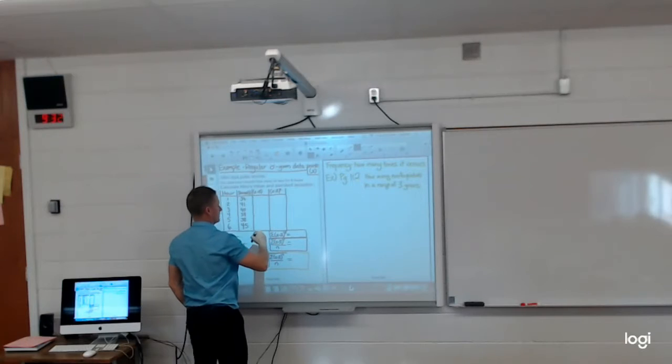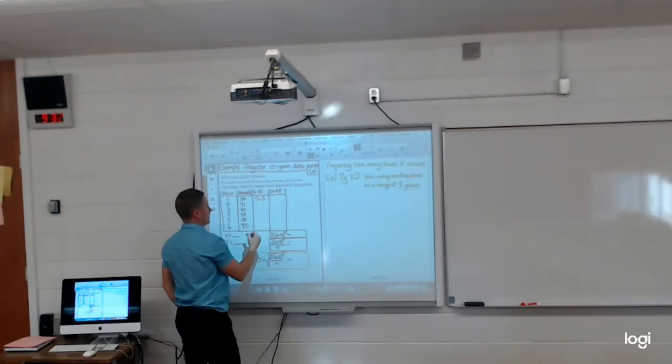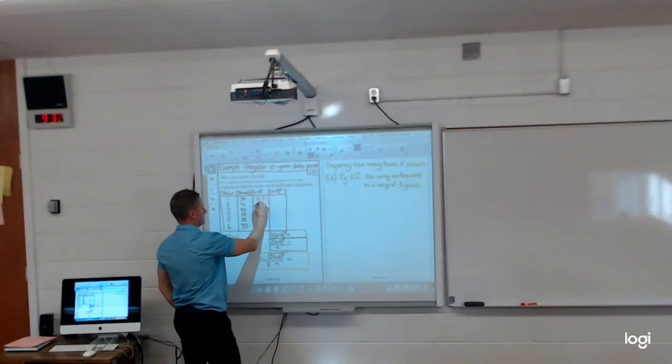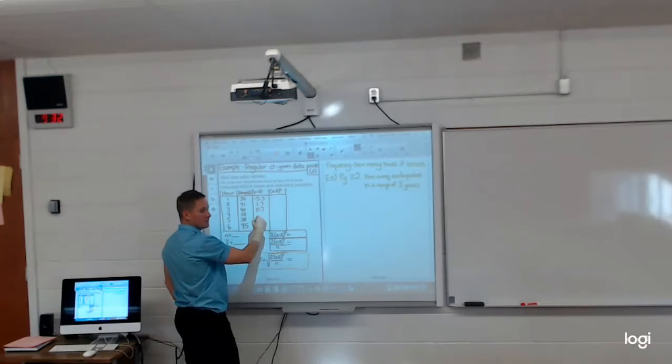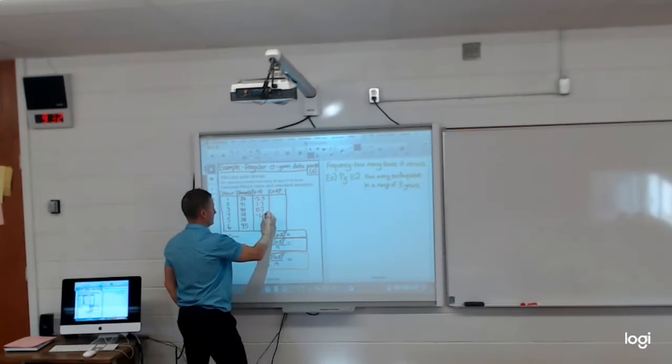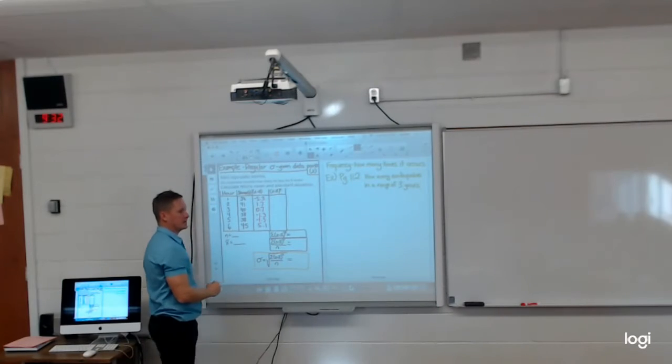Okay, so what is this one here? Negative 5.3. Do I get that same answer? 5.7.